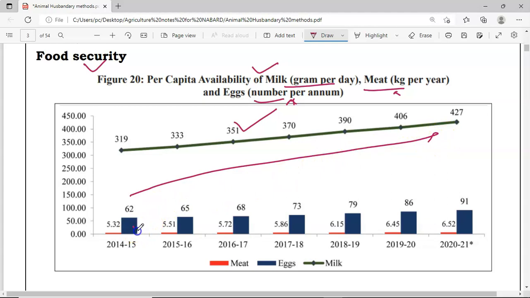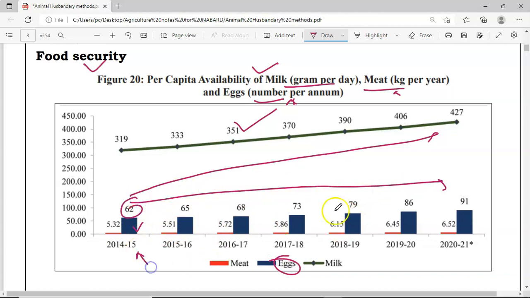This blue shows that the number of eggs has also increased. It was 62 in 2014-15. Right now it is 91. And meat availability was 5.32 billion and it is 6.52 billion in 2020-21. It shows the growth, and again I am saying it is also ensuring your food security, right?